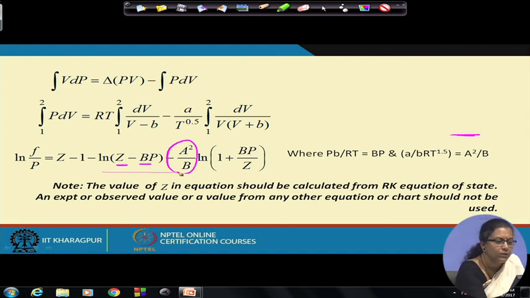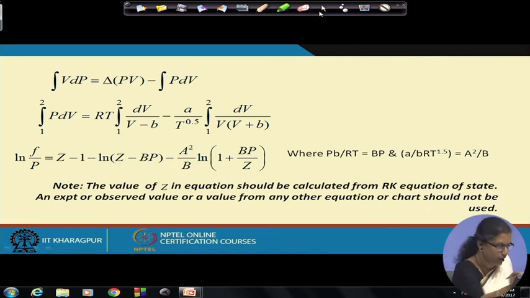Now, usually we can use this analytical form to find it out, but there is one note of caution which we should remember while using this equation: the value of z that we are using here should be calculated from the Redlich-Kwong equation of state, which I have already mentioned here.